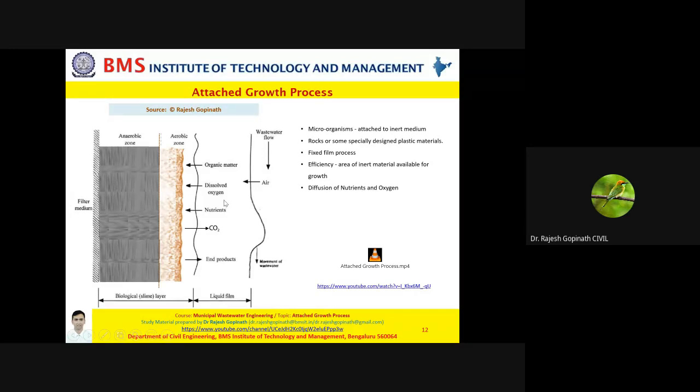What basically happens is there is diffusion of oxygen, that is dissolved oxygen, and nutrients, that is your organic matter and anything else which serves as a nutrient for the microorganisms. So all your organic matter, DO and nutrients get diffused into this slime layer, into the aerobic zone and into the anaerobic zone.